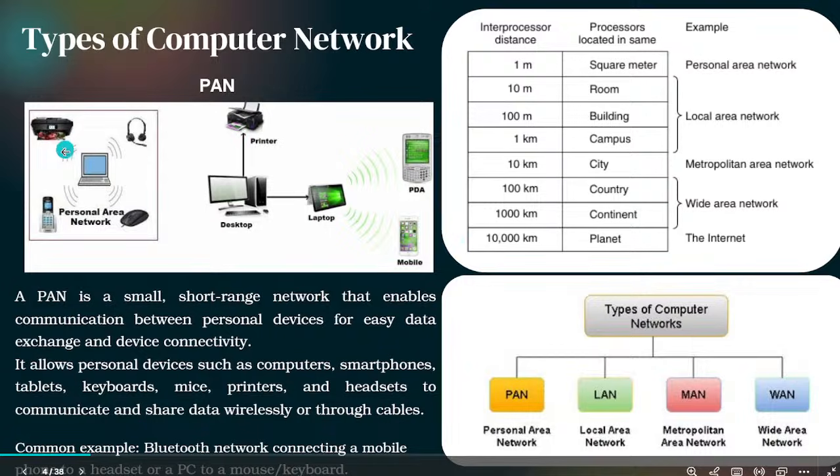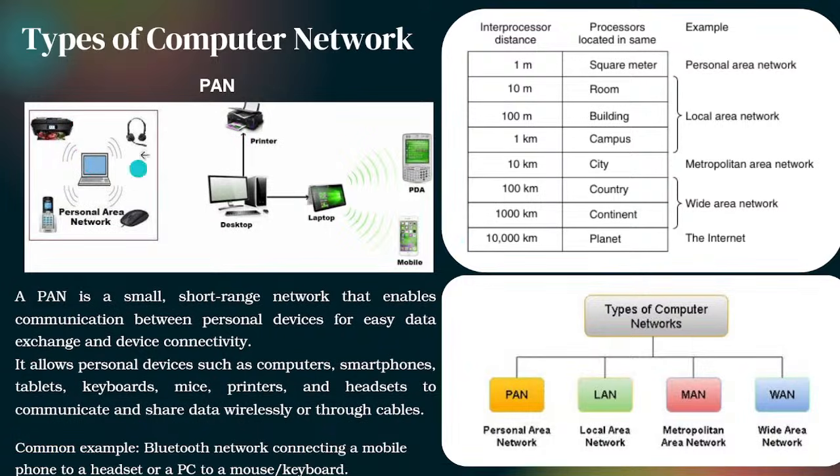Then definitely you have to add one more area when you are explaining individually the things. So first one is PAN, personal area network. If you are drawing this, done. This is also okay. So it is up to you how you are showing different personal area network.